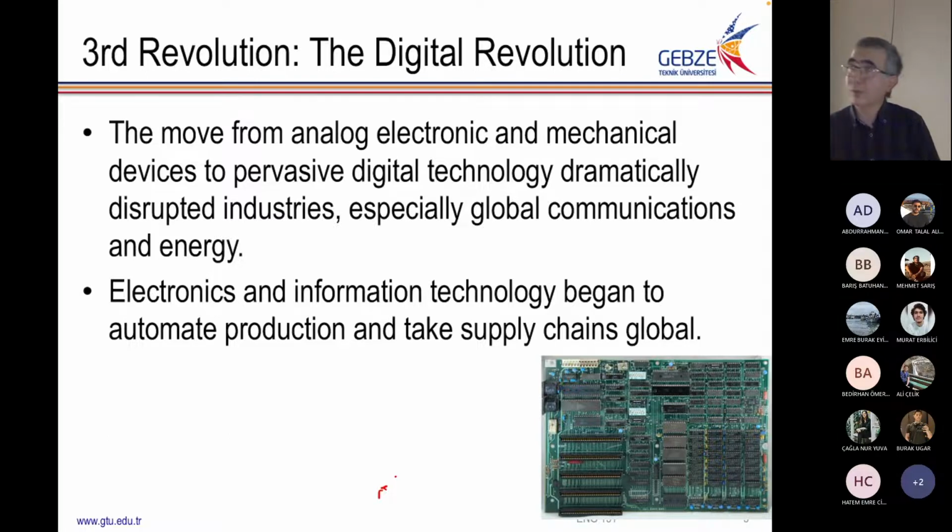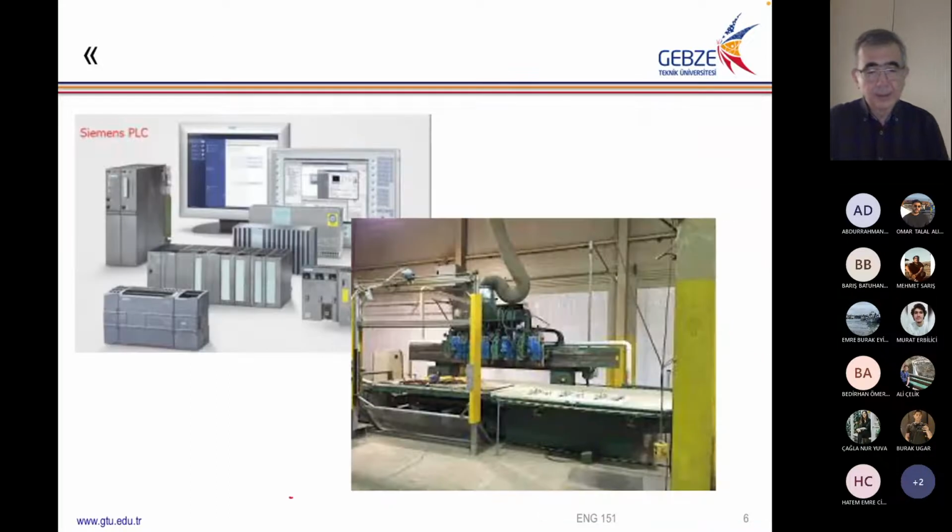Digital technology was used with the Third Industrial Revolution. These are examples of using digital technology. We can control fabrication of certain items in the industrial setting, the industrial environment.